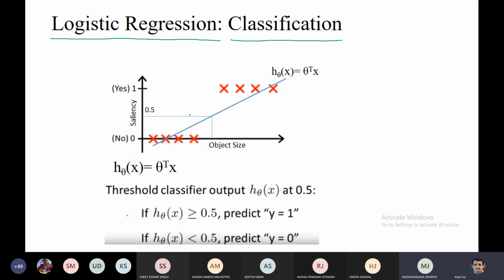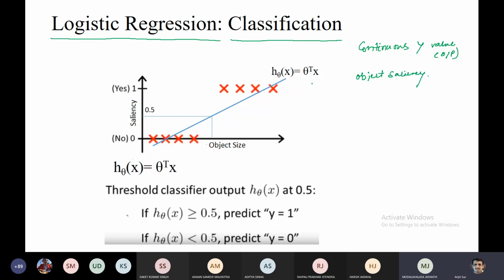In linear regression, the problem is basically that we have a continuous y output value. That is the major thing of linear regression. Now, if we have to find a particular object, this is a problem of object saliency.